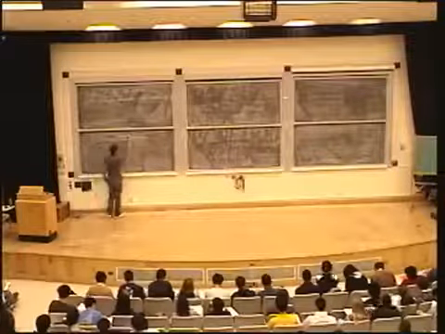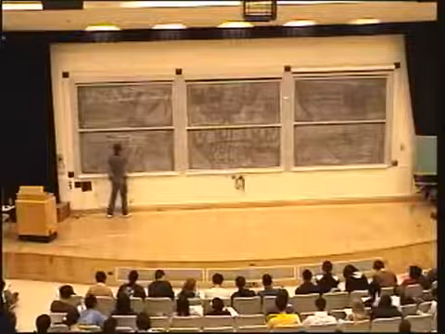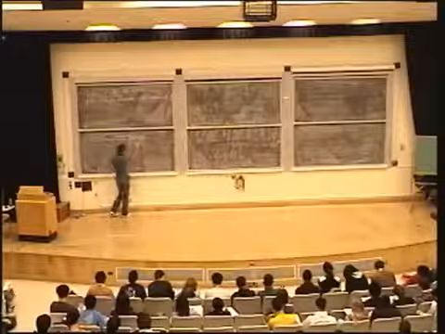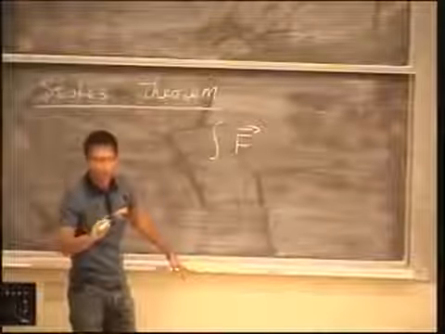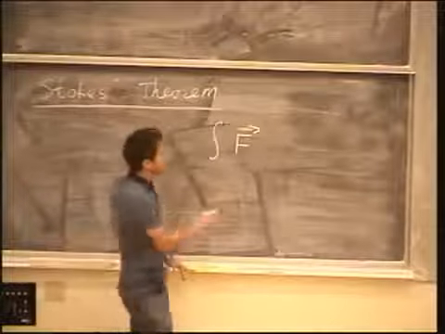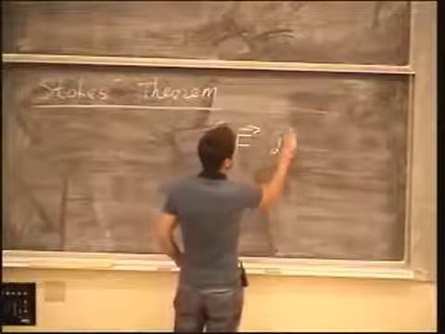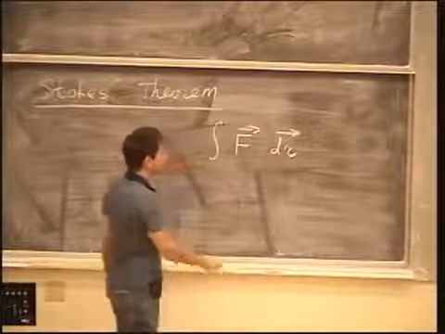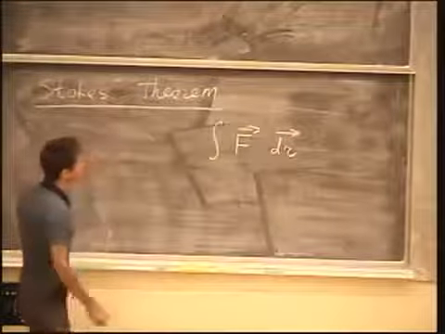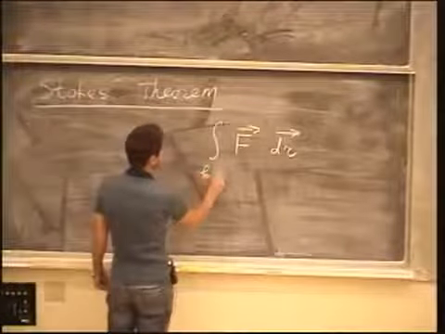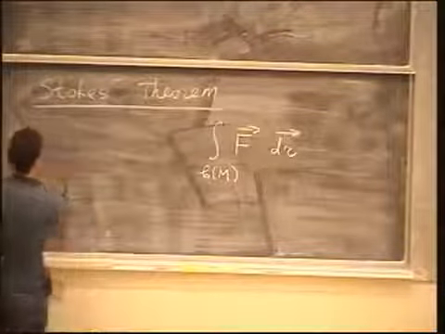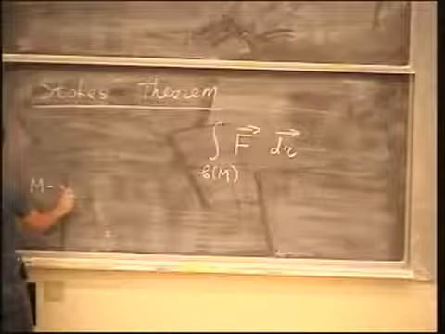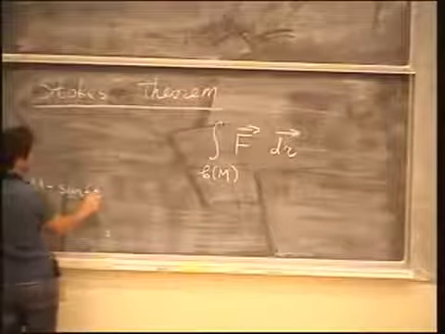On the right-hand side, we're going to have something we've learned before and understand fairly well by now, I hope. And that's a line integral of a vector field over the boundary of a surface in a three-dimensional space.